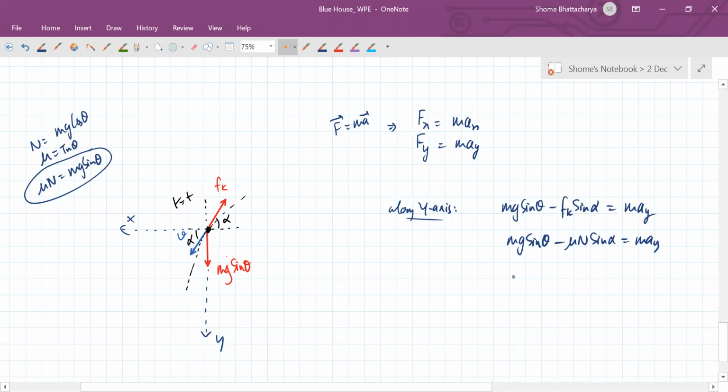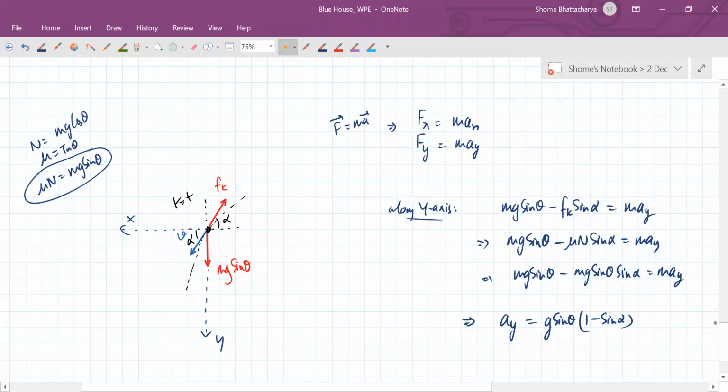So using that, this again becomes mg sine theta minus mg sine theta sine alpha. So see, we are again having that 1 minus sine alpha term. So from this, we are getting that the y component of acceleration is g sine theta into 1 minus sine alpha this time. There it was sine alpha minus 1, here it is 1 minus sine alpha.